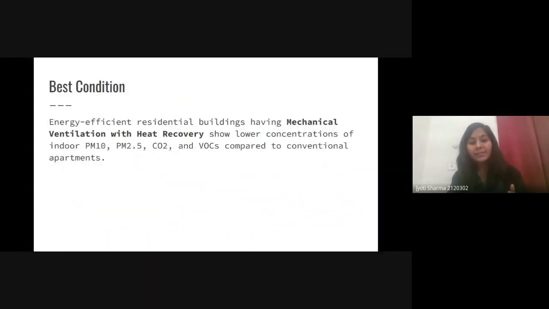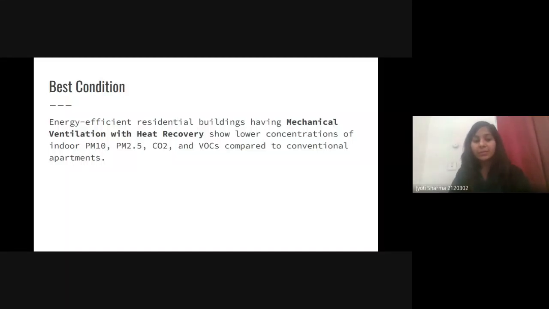Then this is the best condition: if you have mechanical ventilation with heat recovery, it means you are not losing that much heat. Whatever electricity you consume, somehow you can recycle the heat that has been produced in your home.